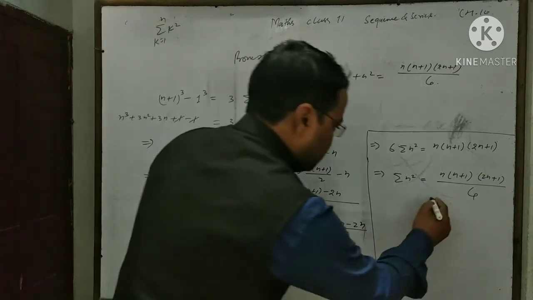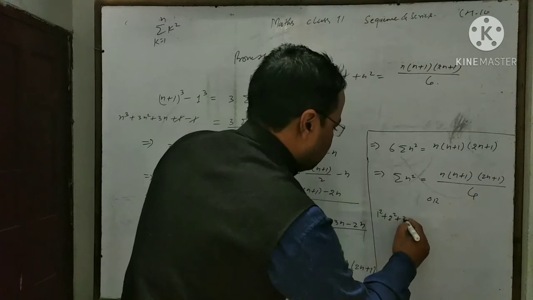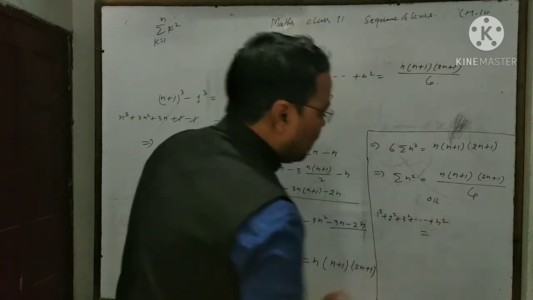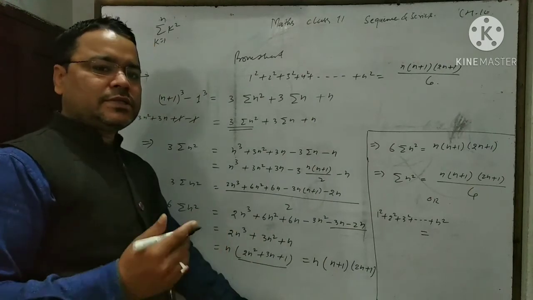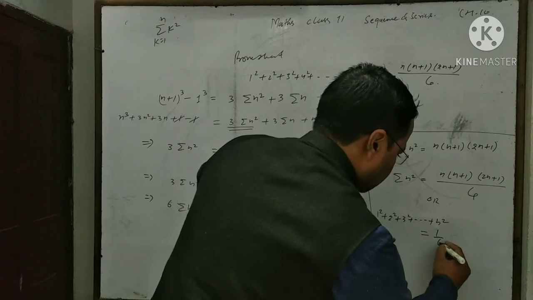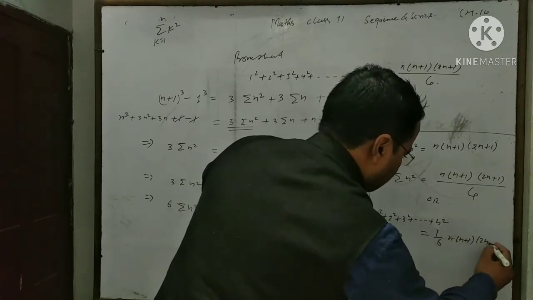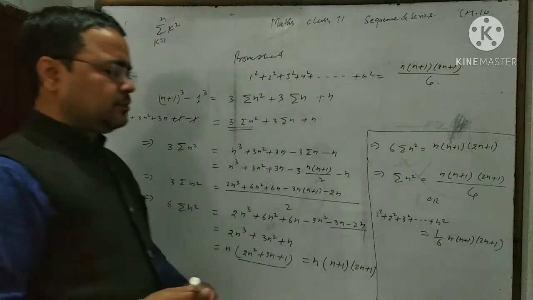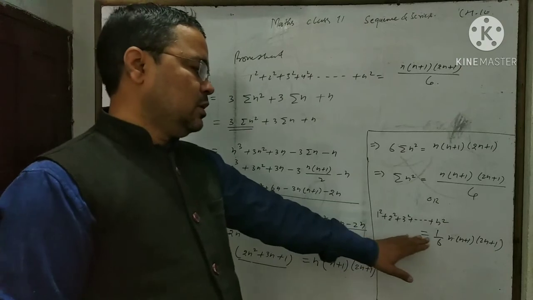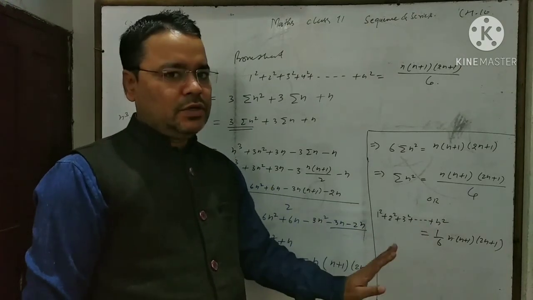Or we can write 1² plus 2² plus 3² plus up to n², the sum of squares of the first n natural numbers, is equal to 1 by 6 n into (n+1) into (2n+1). It is in this way we can find the sum of squares of the first n natural numbers.